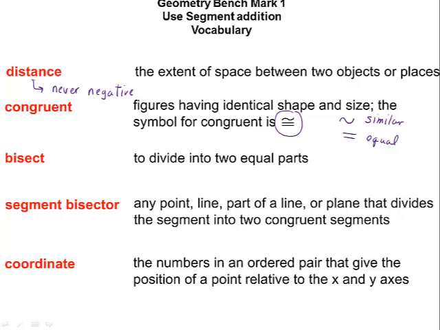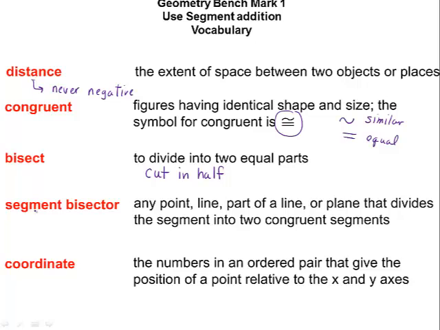Okay, bisect. The prefix bi means two. So to bisect something is to cut it into two equal halves. A segment bisector can be a point, a line, a line segment, a plane, or a ray.